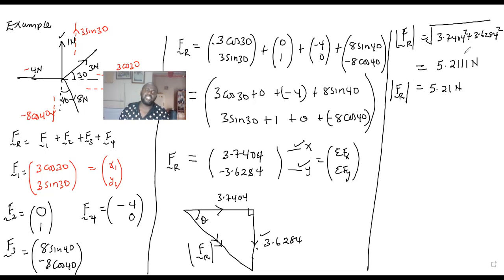Now we also need to get the direction. That is tan theta is equal to 3.6284 divided by 3.7404. What is theta? Theta is tan arc of 3.6284 over 3.7404.